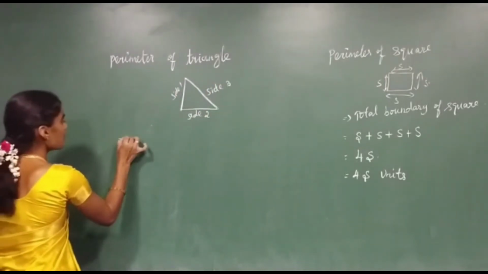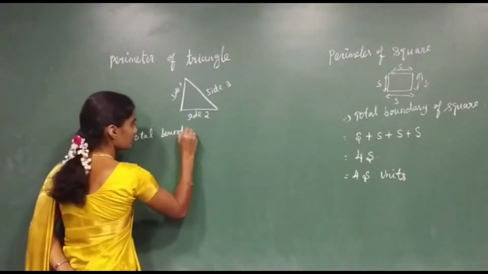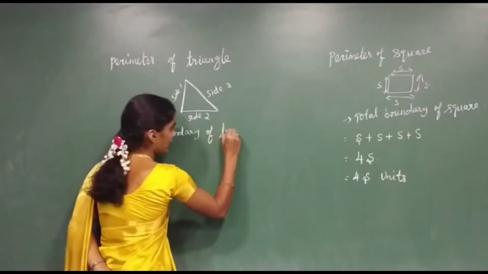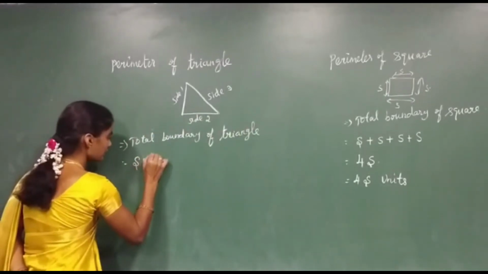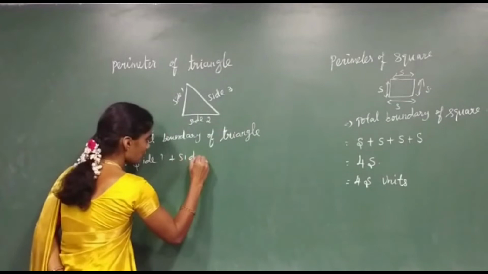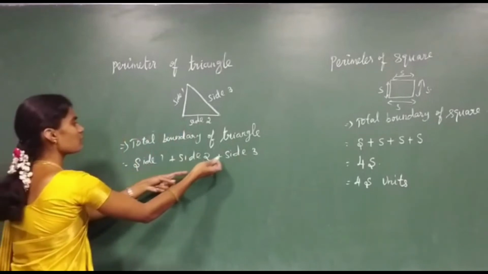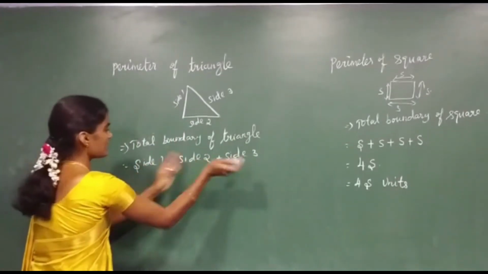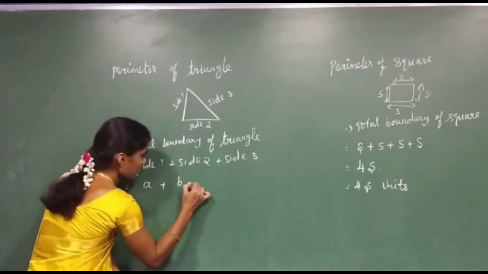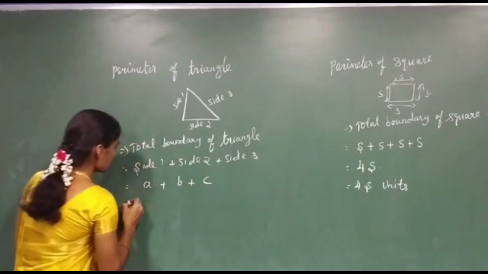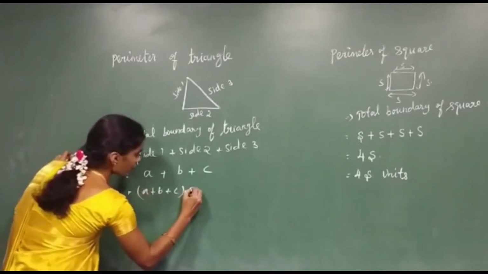The perimeter is the boundary of the triangle: side 1 plus side 2 plus side 3. We represent side 1 as A, side 2 as B, and side 3 as C. So the perimeter of a triangle is A plus B plus C units.